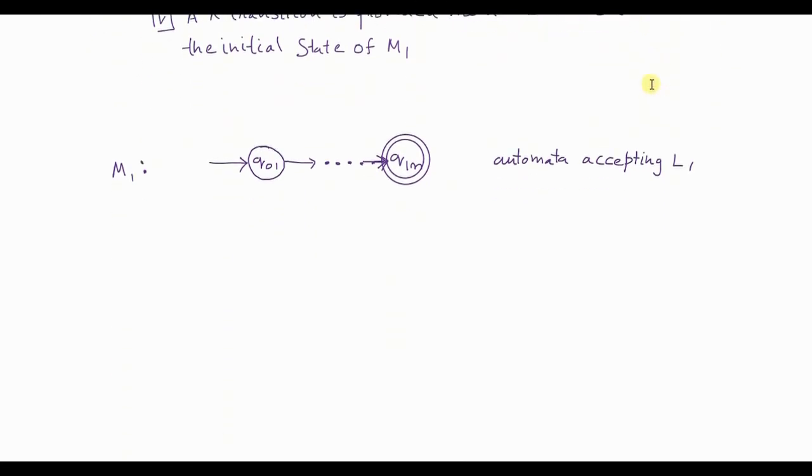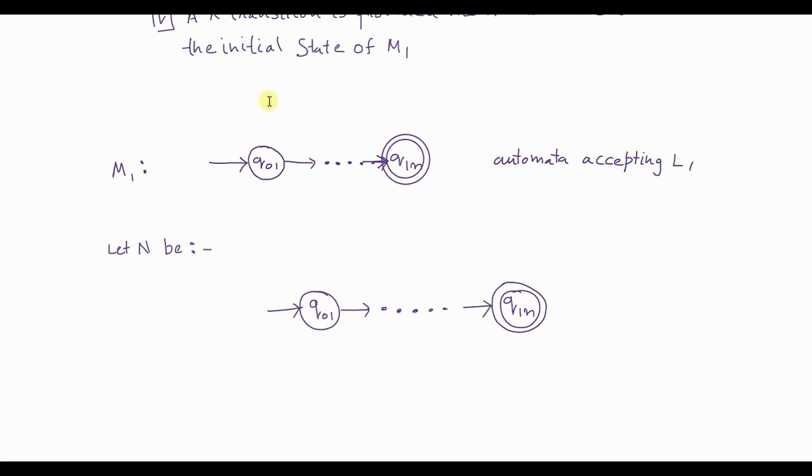First, all the states and transitions of M1 are added to N. So I will write Q01, and then dot dot dot, q1n.